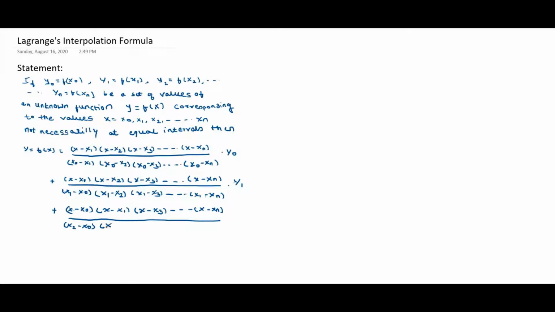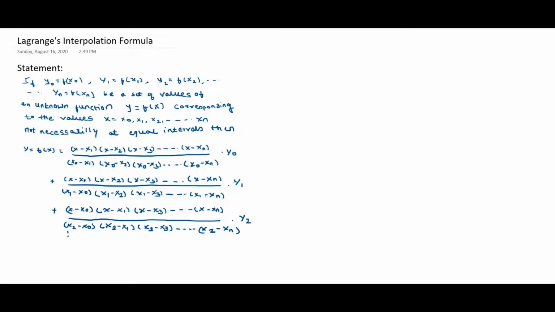Then x2 minus x1. Then x2 minus x3. You are not supposed to write x2 minus x2 because it is 0. Continuing x2 minus x4 and so on up to x2 minus xn. Bracket complete. Outside you will get y2.